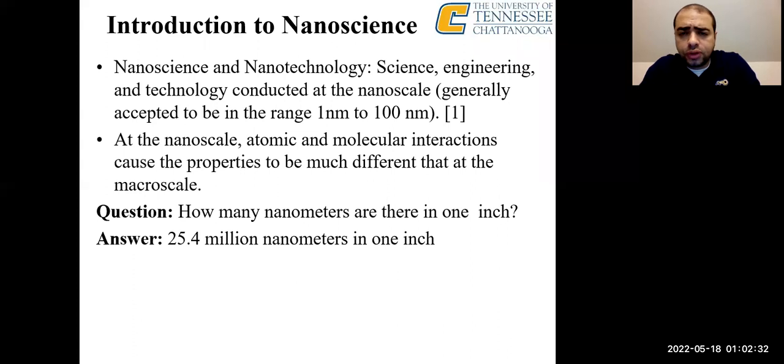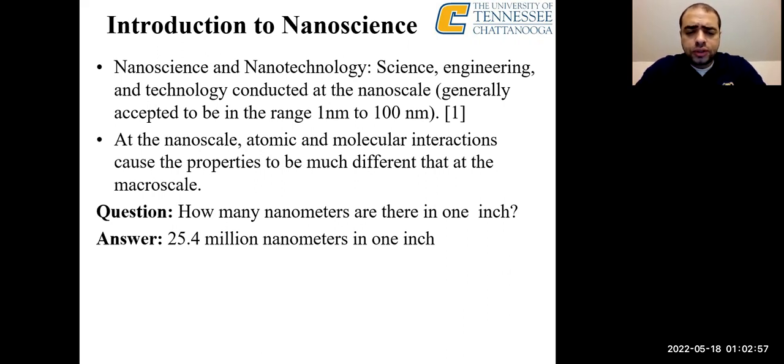It can go a little above, like say 200 or even more, and still be considered in the nanoscale, but most commonly the range is between 1 and 100 nanometers. At the nanoscale, atomic and molecular interactions cause the properties to be much different than at the macro scale. We're going to touch on this today.